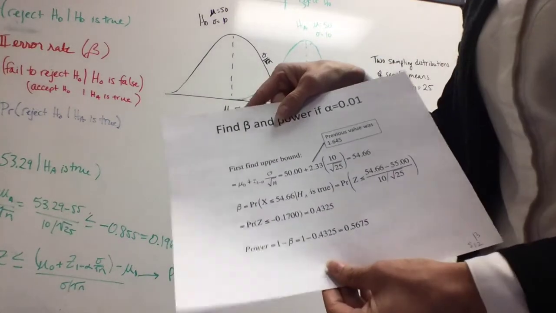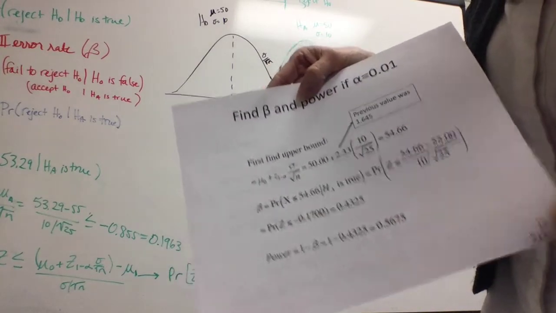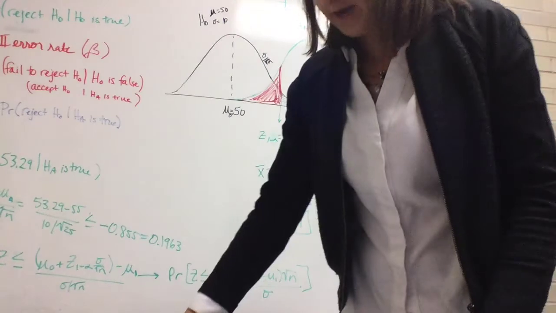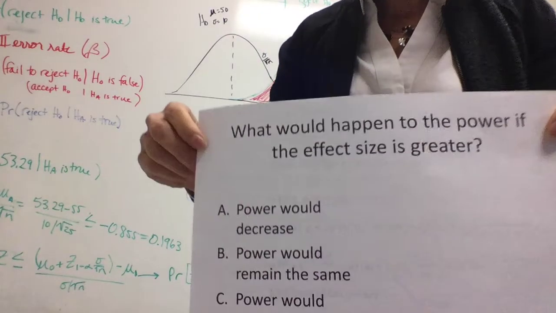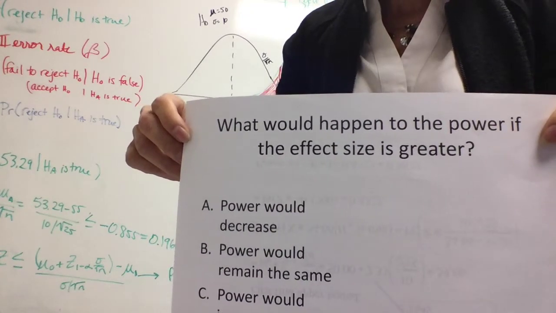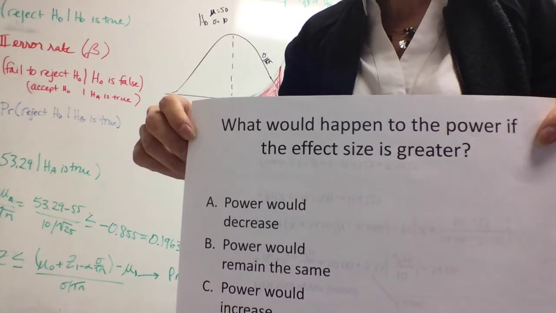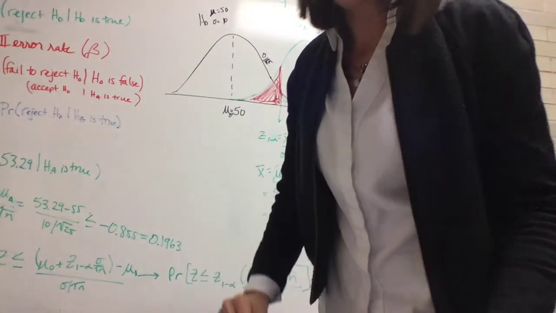You should be able to follow along and prove to yourself that those are true. Then I wanted to ask one more question about what would happen to the power if the effect size is greater. Remember, the effect size is the difference in the two means. I wanted to draw this on the board for you.